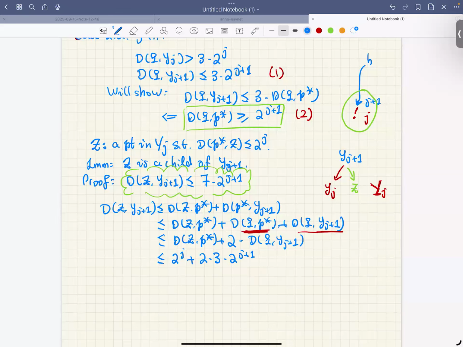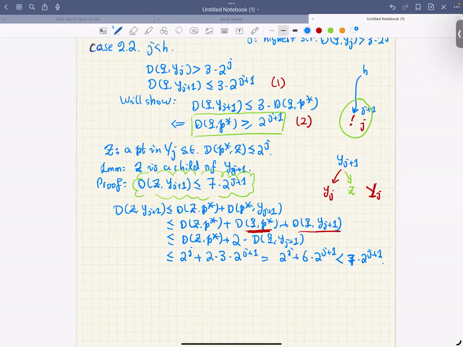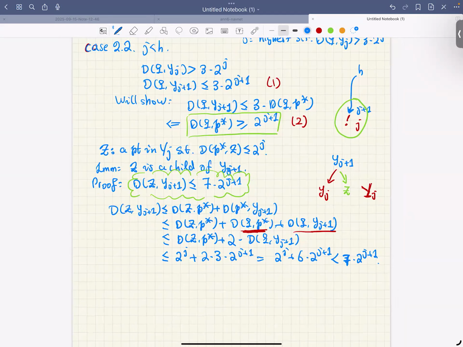So this is like 2 to the power of j plus 6 times 2 to the power of j plus 1, right? But we need 7 times 2 to the power of j plus 1. So we actually get strict inequality here. That's why I don't think you can improve on the constant C, all right? But I don't care too much about a constant today, okay?